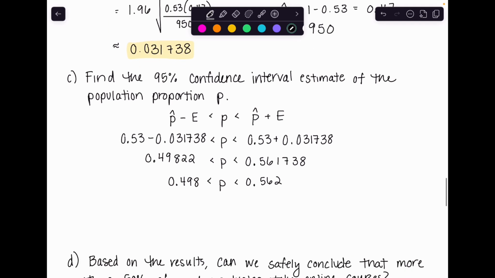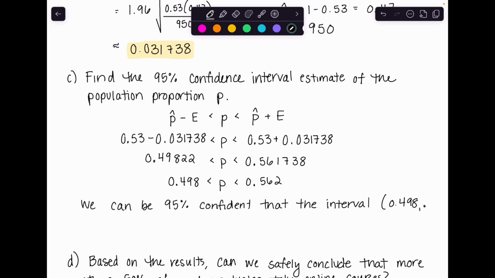So what we can say from here is we can be 95% confident that the interval of 0.498 to 0.562 contains the true value of that population proportion P.